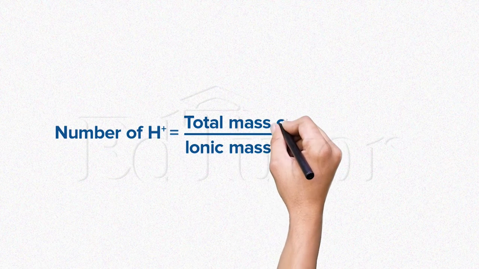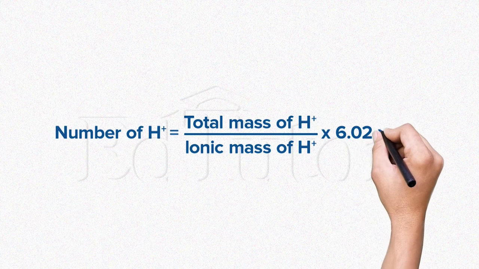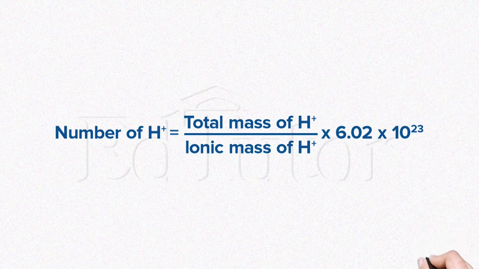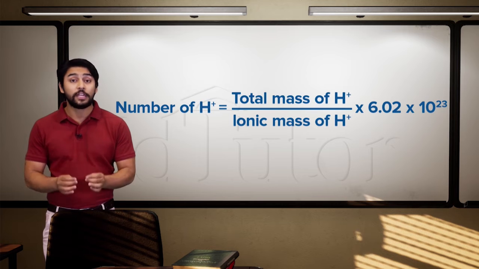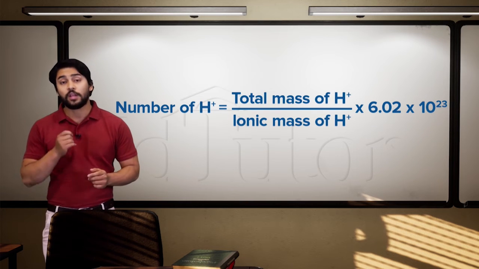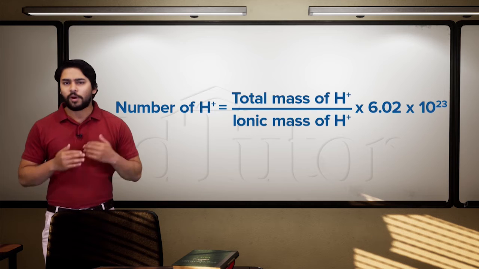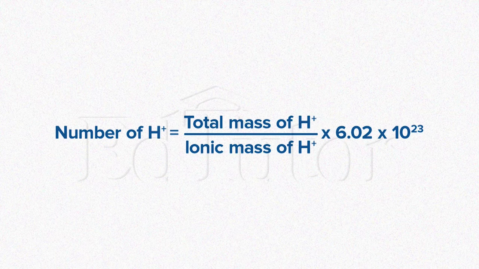The number of hydrogen ions is given by the formula: total mass of hydrogen ions, H+, divided by the ionic mass of hydrogen ions, multiplied by Avogadro's number. Rearranging to calculate the total mass of hydrogen ion, it becomes the number of hydrogen ions multiplied by the ionic mass of hydrogen ion, divided by Avogadro's number.